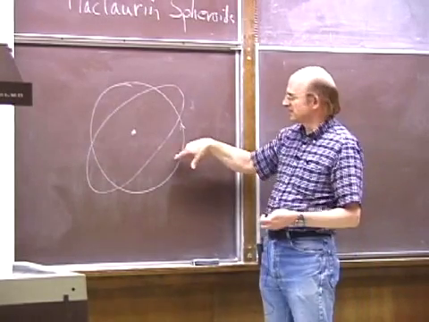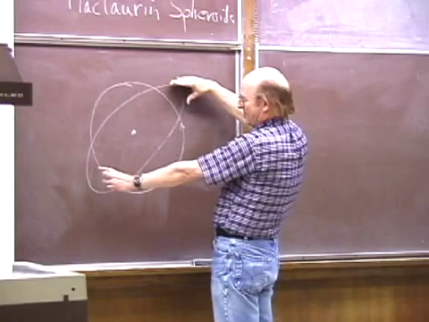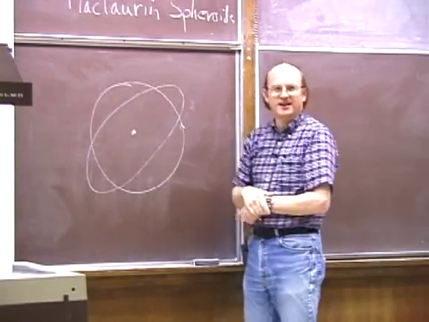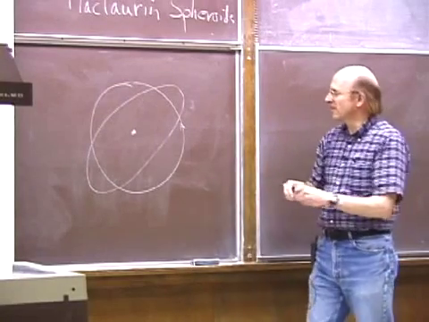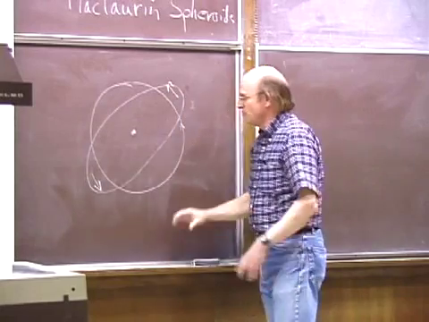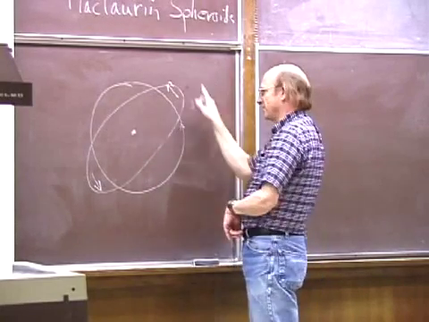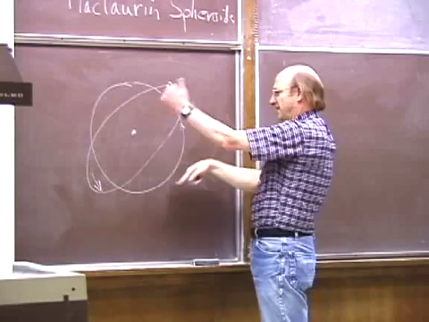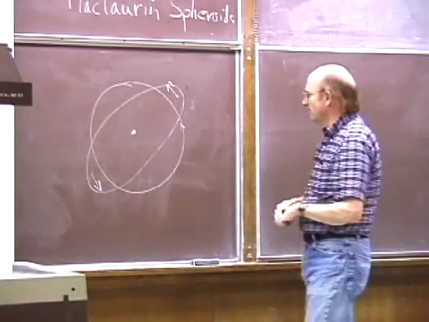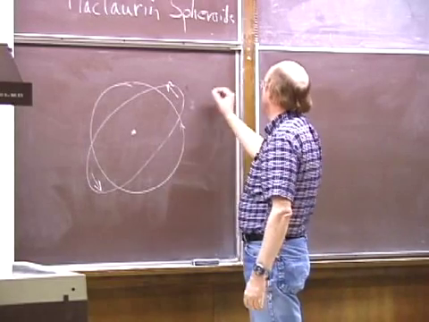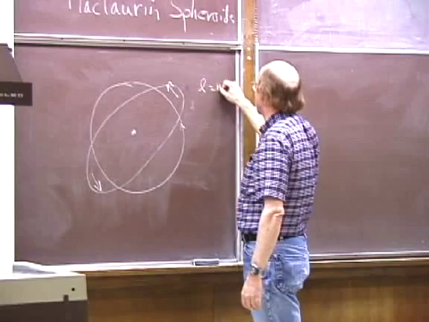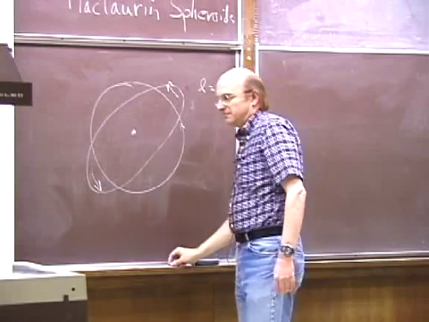It's uniform density, so this is deformed in a way so that the volume of this squished ellipsoid is the same as the one you started with. And then this pattern can rotate. There's actually two modes of this sort. One propagates around in the same direction the star rotates, and the other one propagates the other way. Okay, so these are quadrupole modes. They have spherical harmonic numbers L equals M equals 2.